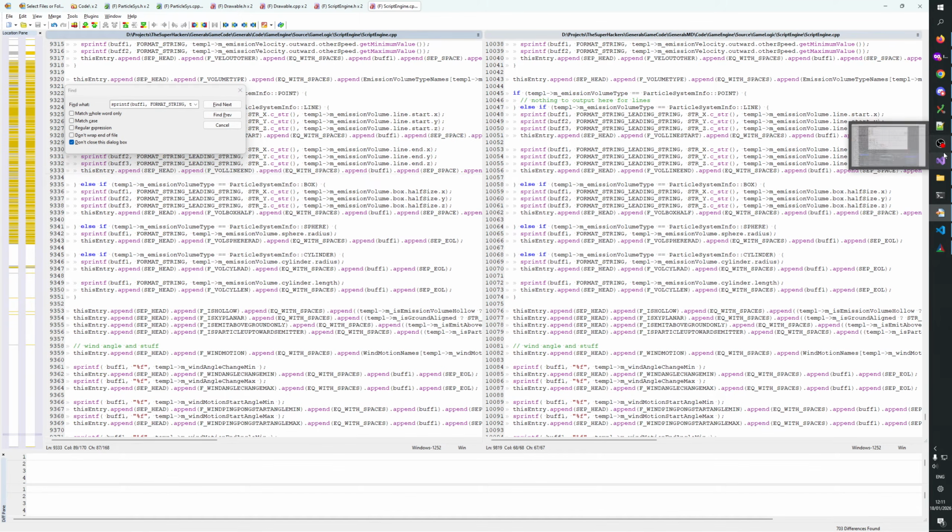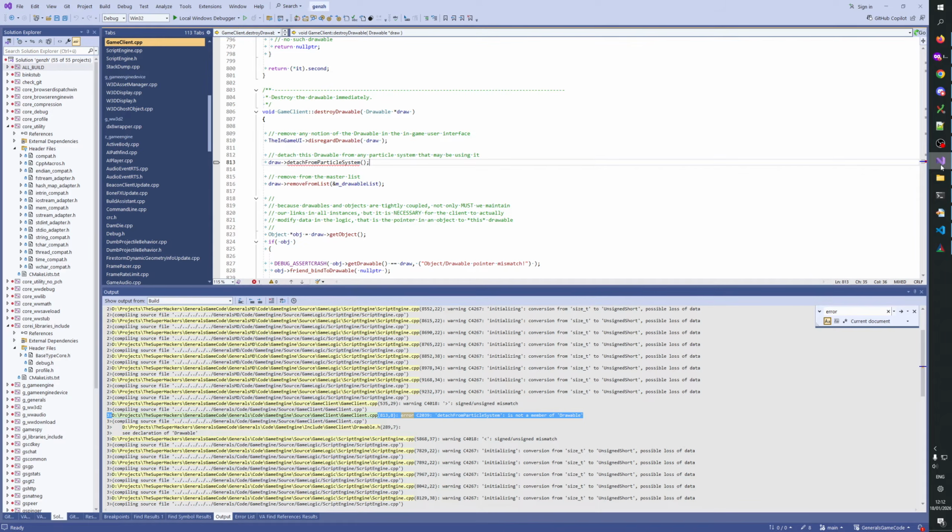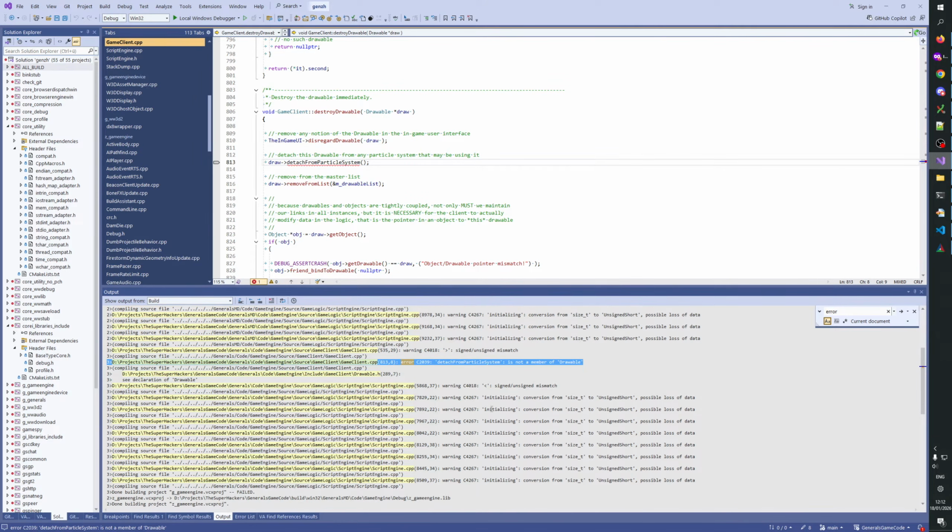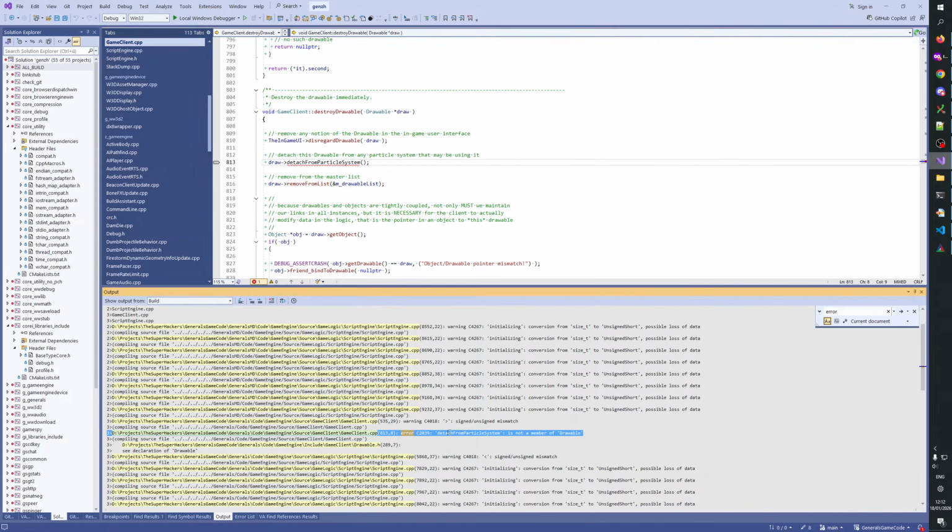I think we need to have multiple commits for this as well, because there are clearly separate steps that we can identify. Okay, detach from particle system.